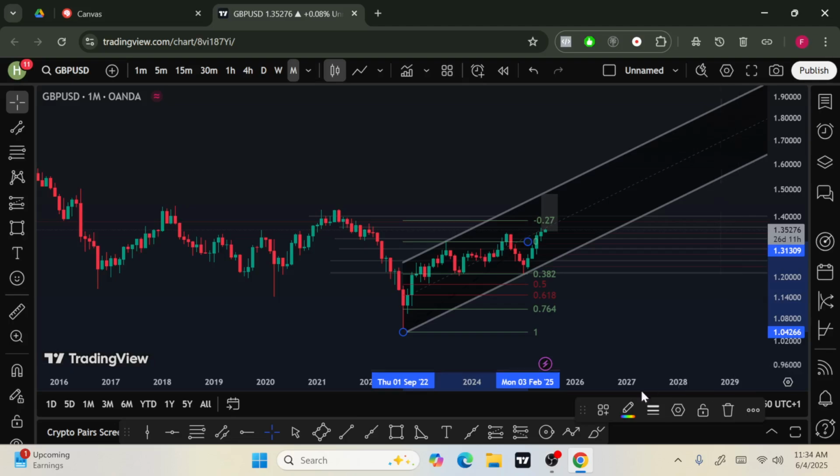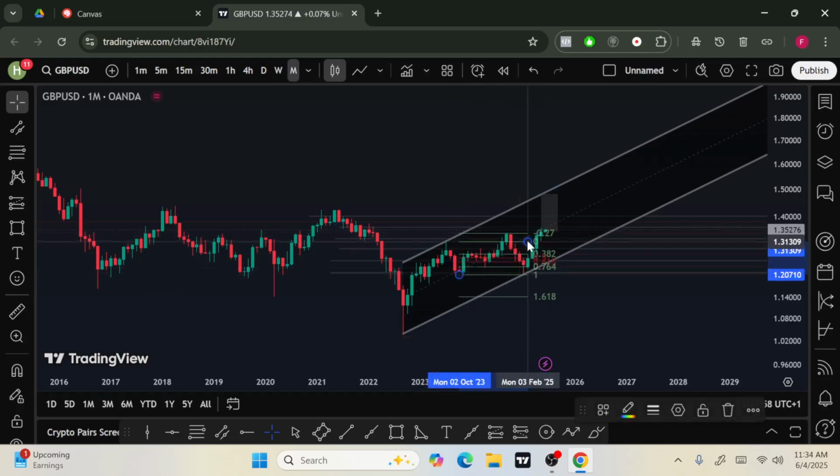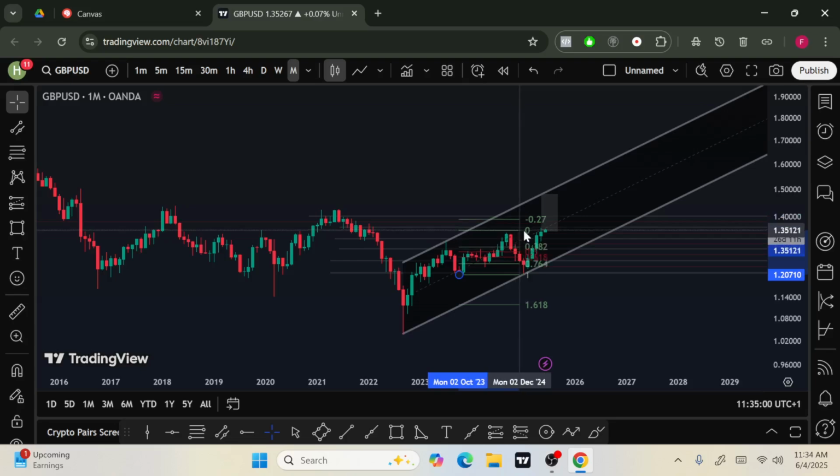Are we following? Now, from this point to the next highest point, which is here, is that not so? Am I correct? So where did the retracement get to?